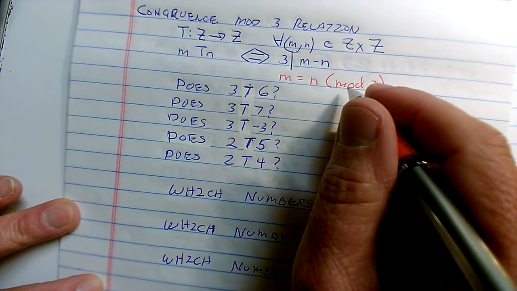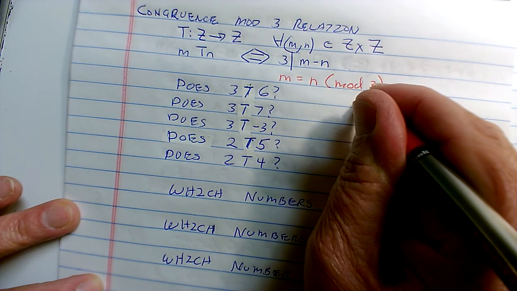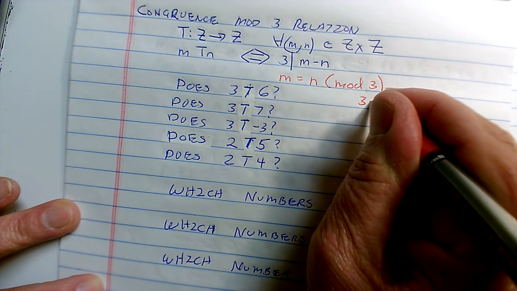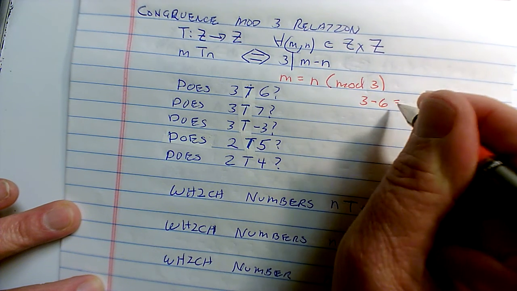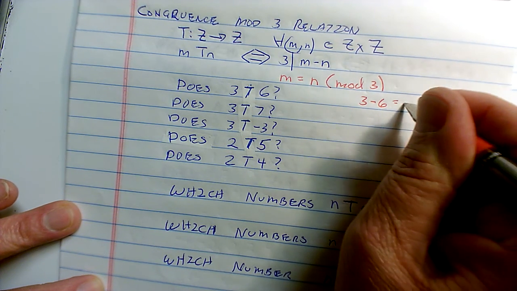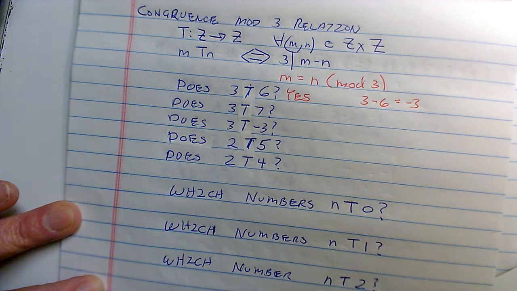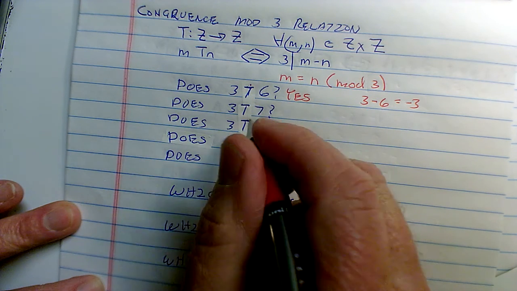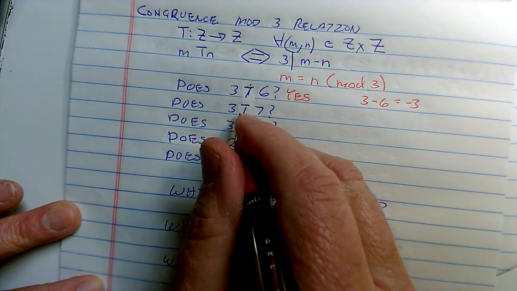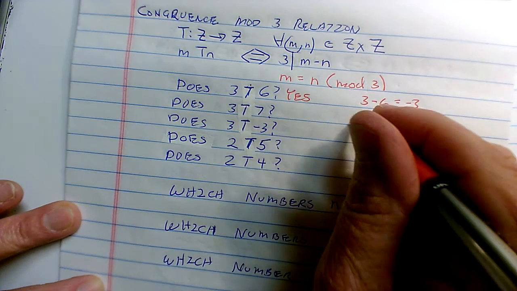Well, does 3 T 6? What I'm asking here, if I do it the first way, is 3 minus 6. Well, 3 minus 6 is negative 3, and that's divisible by 3, so that is a yes. Does 3 T 7?